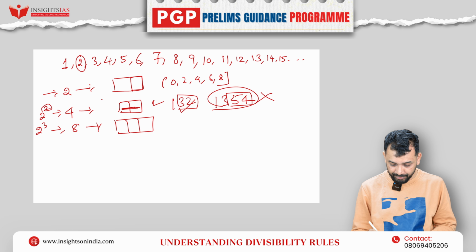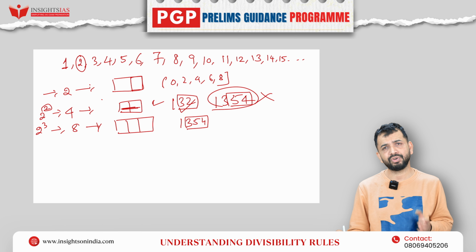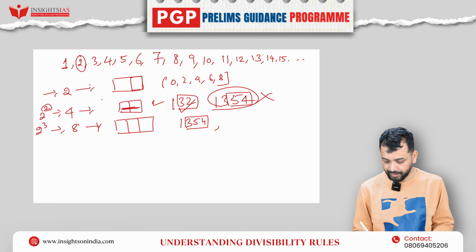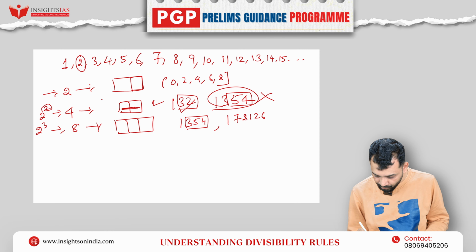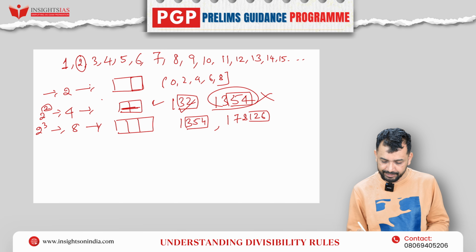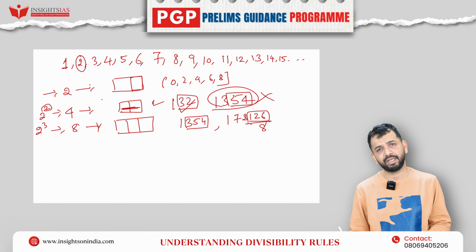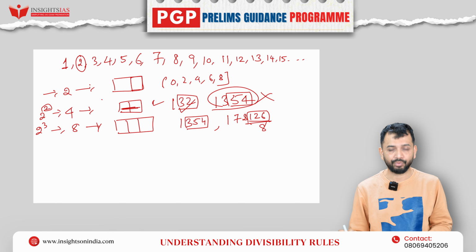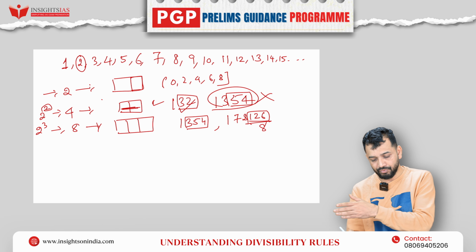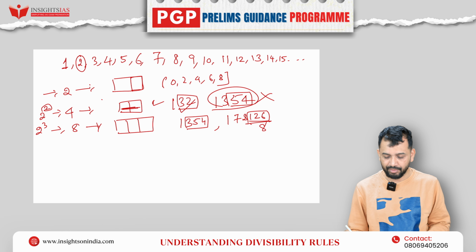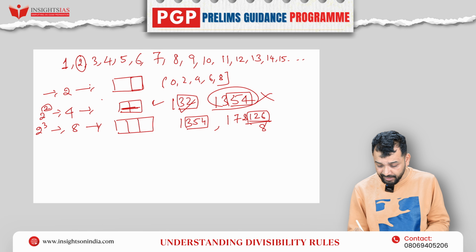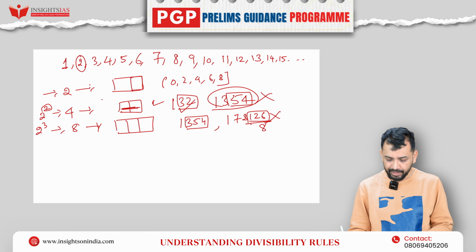So if the number is, let's say, 17812, all I have to do is take the last 3 digits and check whether 812 is divisible by 8 or not. For example, 8 ones are 8, 4 is the carry, 46. 8 5s are 40, so 46 will not be divisible by 8. So this number is also not divisible by 8.